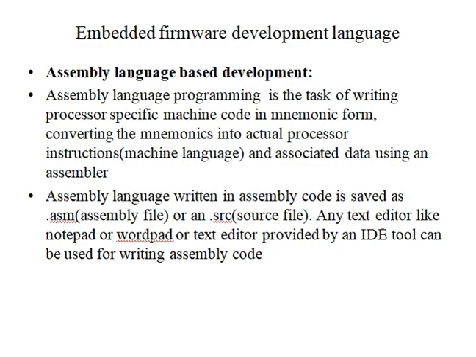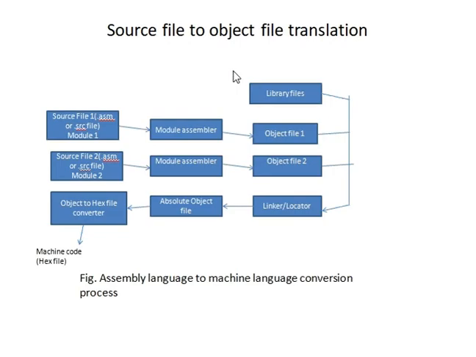Now this talks about the flow structure, how you're going to get an executable file which you're going to place on your machine. So you have a source file which we normally call a .asm file. Then here comes your module assembler. We call this a module assembler because this is going to assemble only one single module.